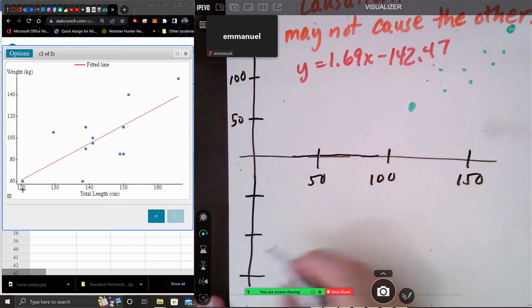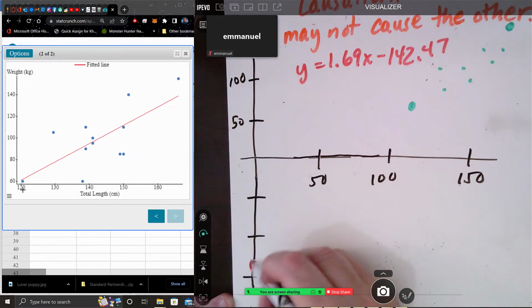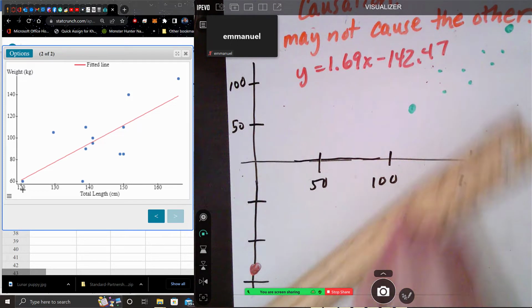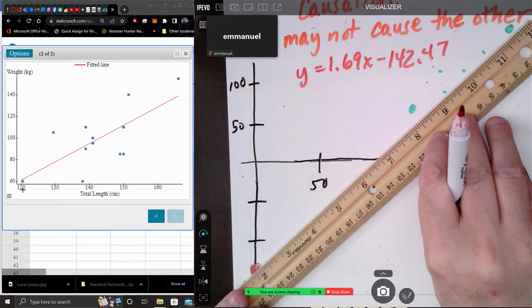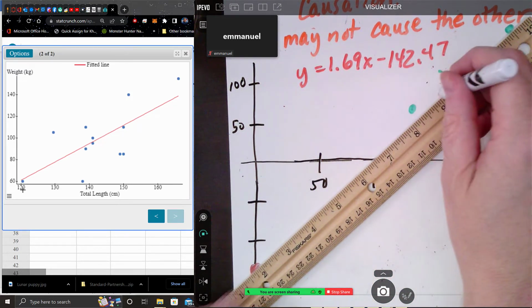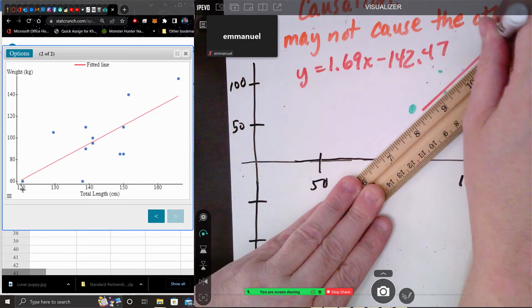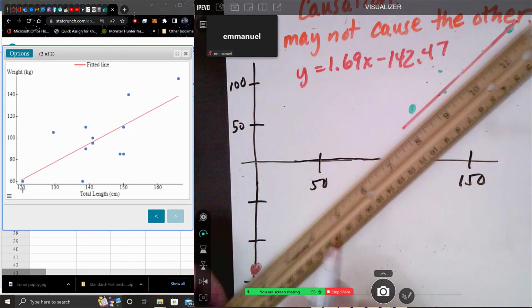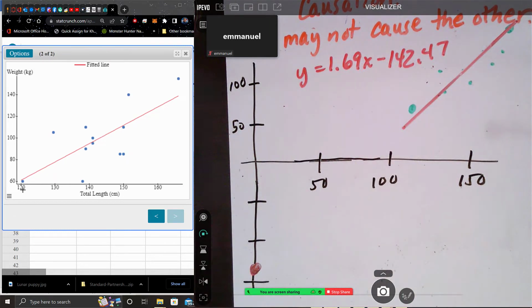Negative 142 is way down here, if these are all increments of 50. They had something like that. We see this line over here. The equation gives us information over here.